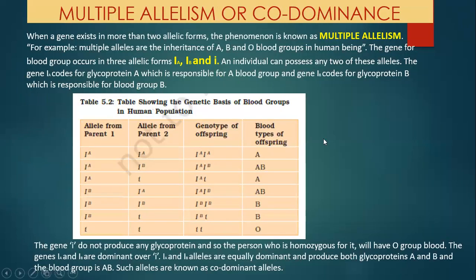Now we will see the concept of codominance and multiple allelism. Apart from Mendel's dominancy, it was also seen that the alleles which are present in pairs can both be dominant and can be expressed at the same time.